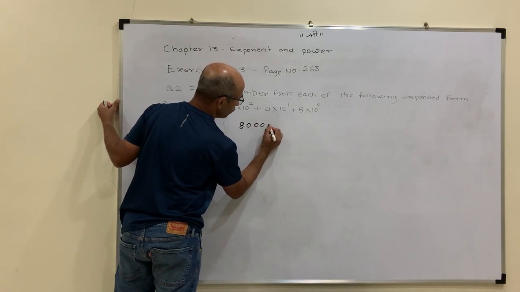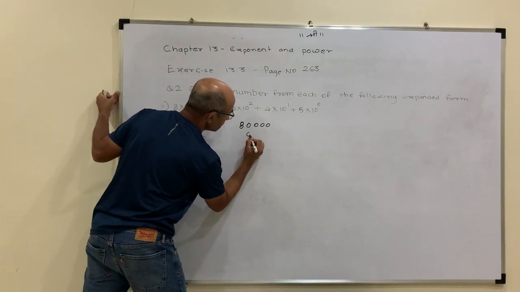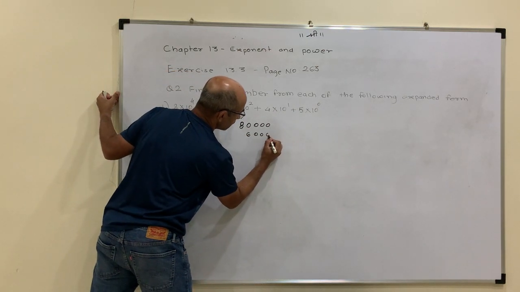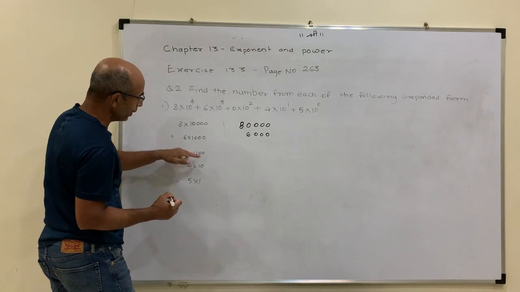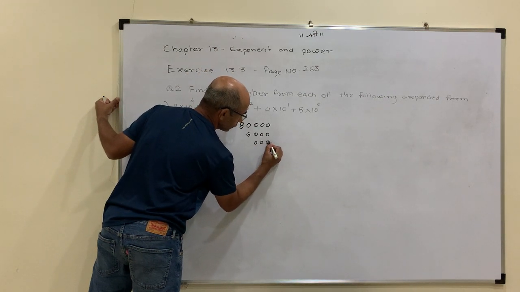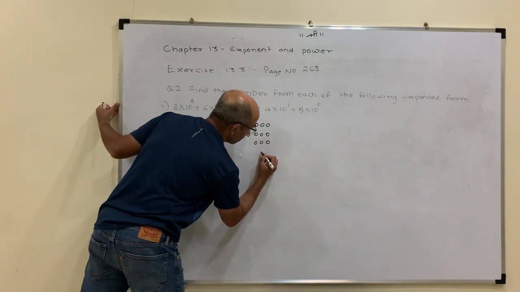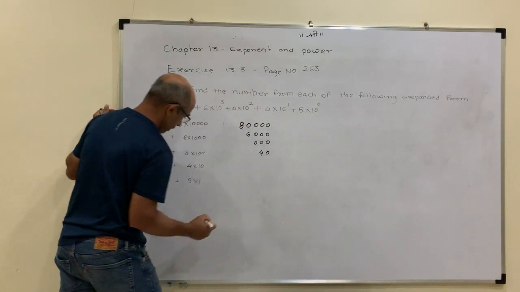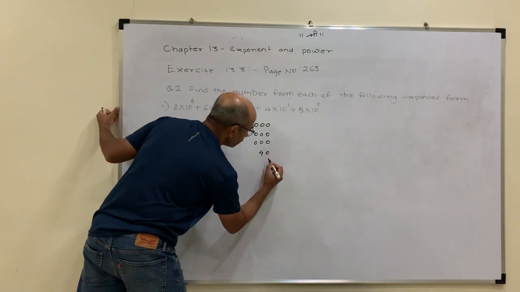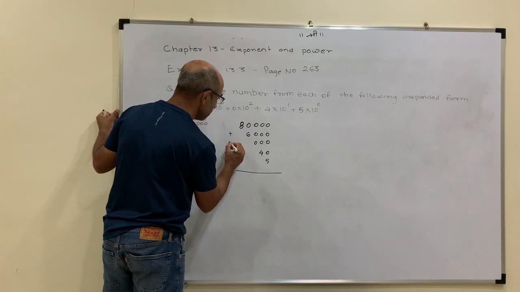6 into 1000, so I write it as 6,000. 0 into 100, so I write it as 3 zeros. 4 into 10 is 40. 5 into 1 is 5. And now what I am doing? I am adding these numbers.